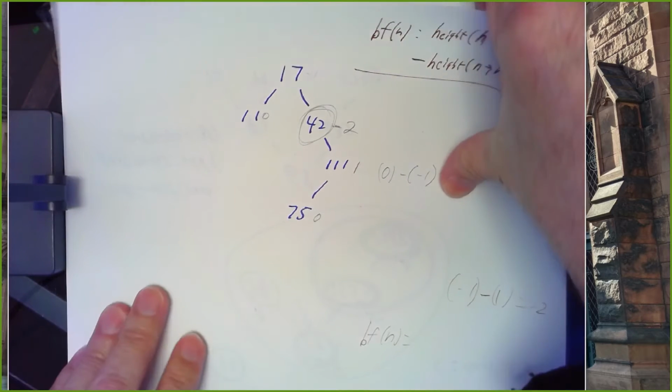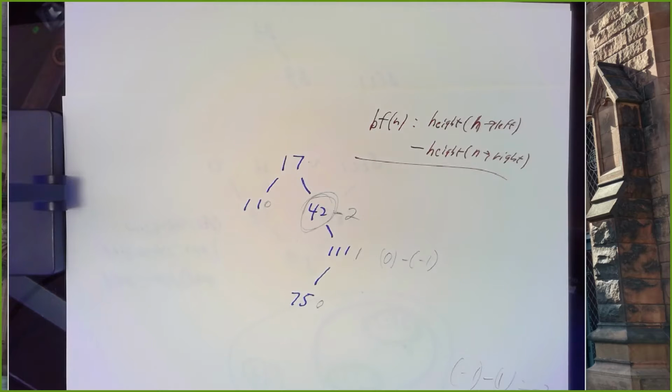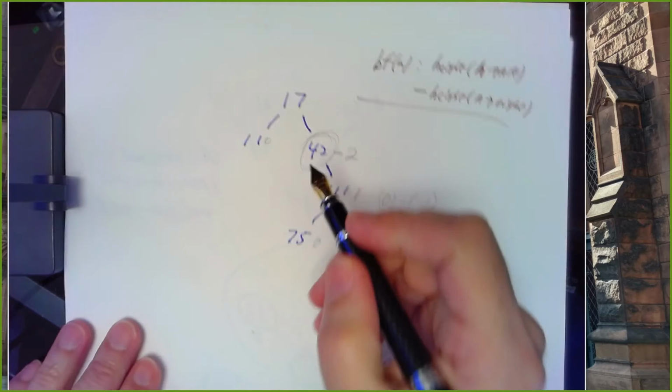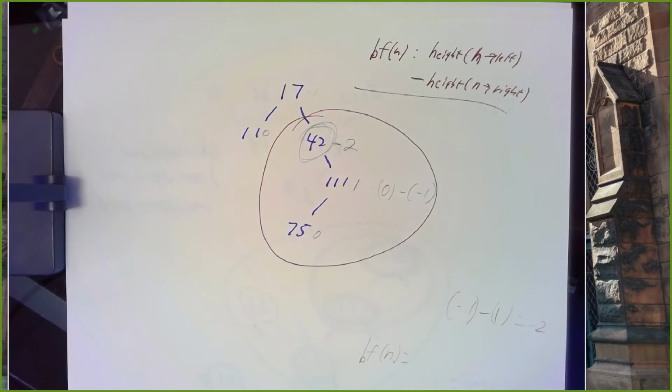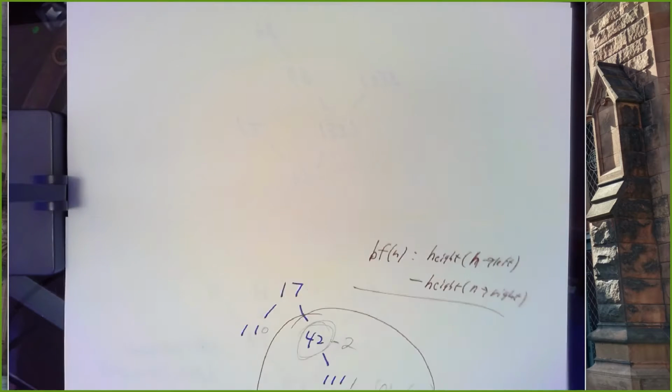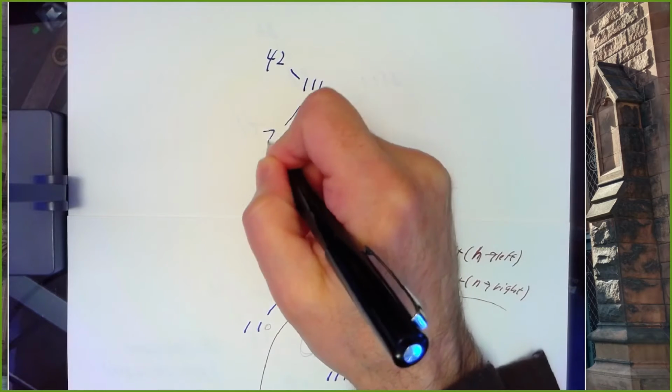And let me redraw this so we can do the manipulation. So I'm only looking at this subtree. And in this subtree, we've got a 42, a 111, and a 75.